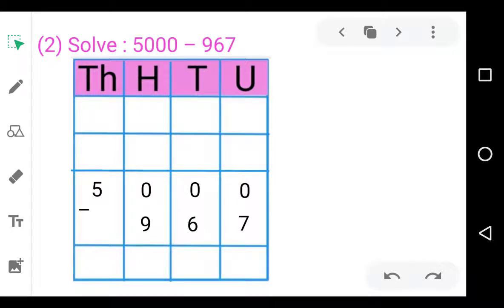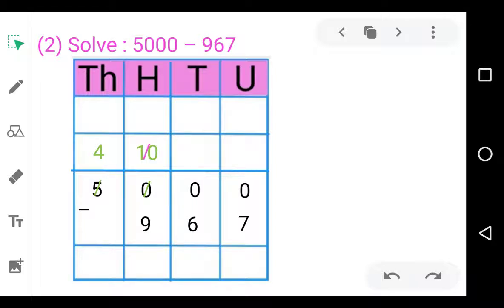Now subtract it. See, at the unit place we cannot subtract 7 from 0. So we untie 1 ten, but there is 0 at the tens and hundred place. Therefore we will untie 1000 from 5000. So it will be 4, and at the hundred place this 0 is 10. Now we untie 100 from 1000.